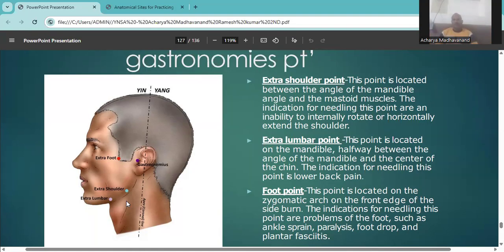Foot point. This point is located on the zygomatic arch, on the front edge of the sideburn, the side hairline. The indications for needling this point are problems of the foot, such as ankle sprain, paralysis, foot drop, and plantar fasciitis.